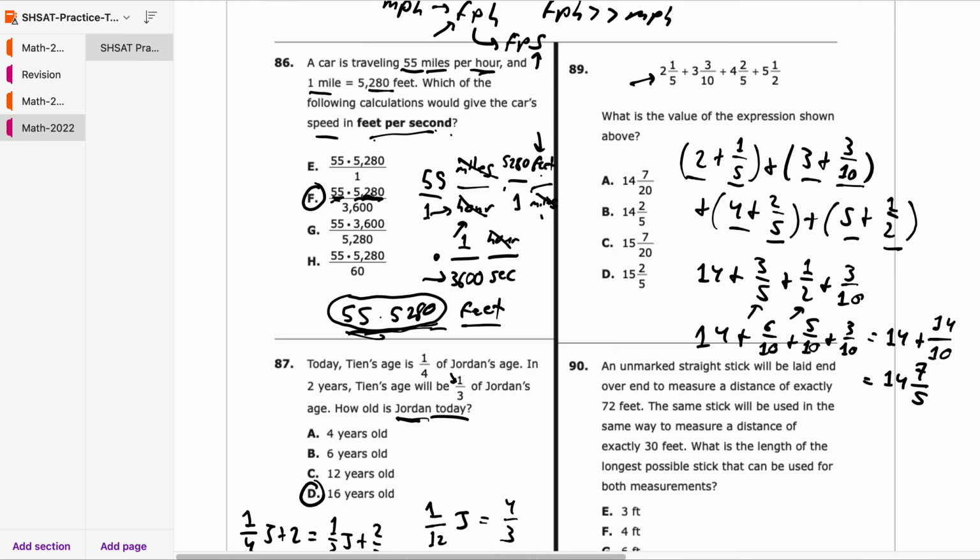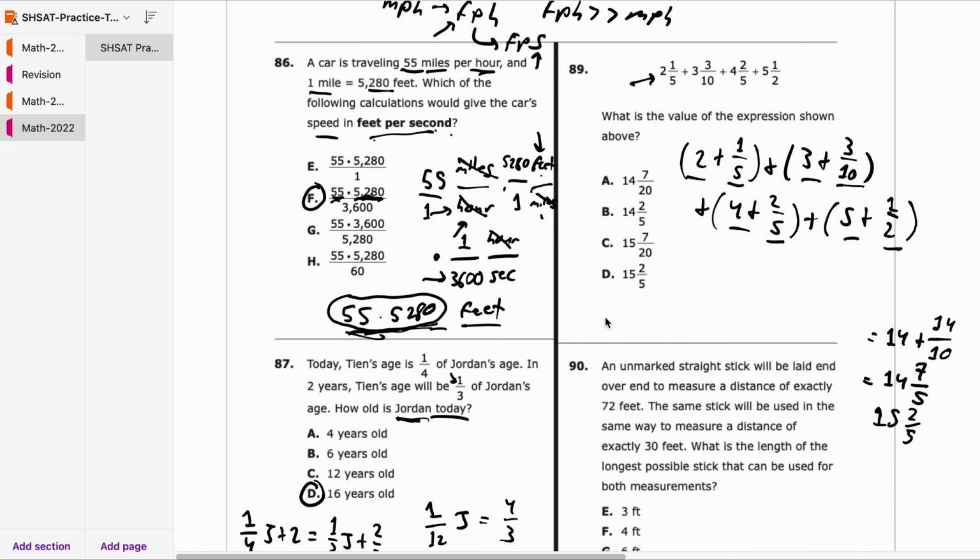Okay, so then 14 and 7 over 5 is the same thing as 15 and 2 over 5, right? And the reason for that is, let me just clear up some space here.